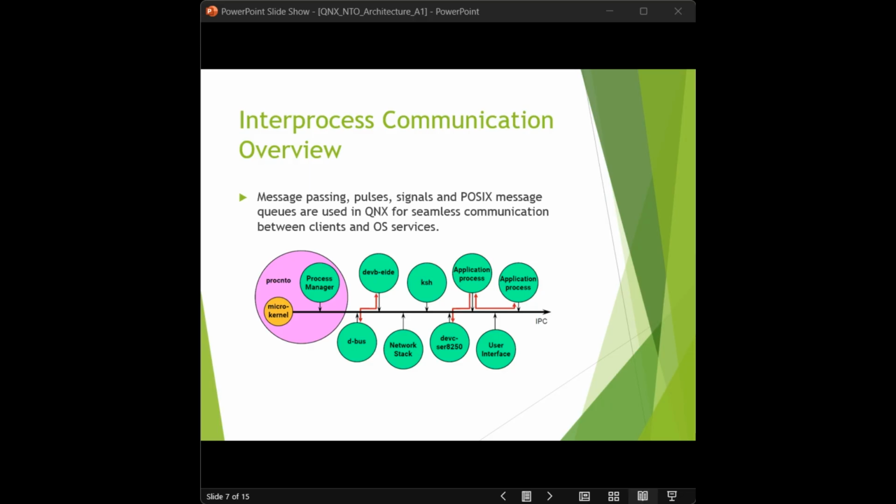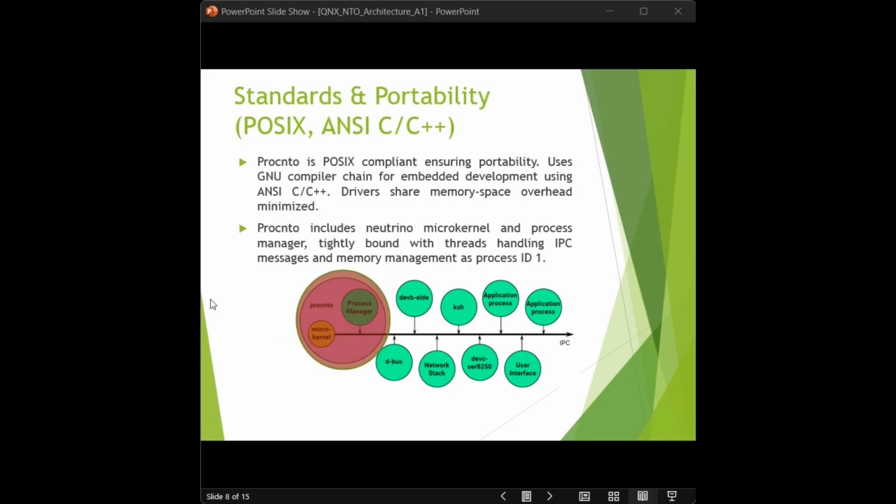Okay. So the next thing is POSIX and Procnto. POSIX is a standard, and QNX always follows POSIX compliance. QNX uses a component called Procnto. This Procnto is the combination of the microkernel and the process manager into a single unit.